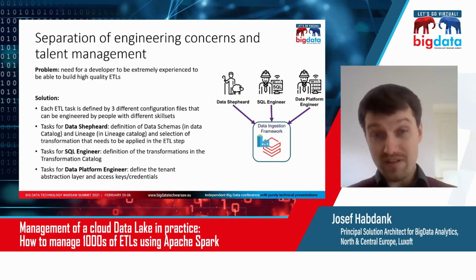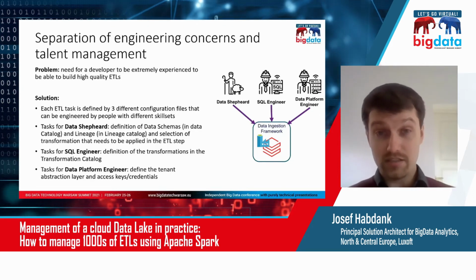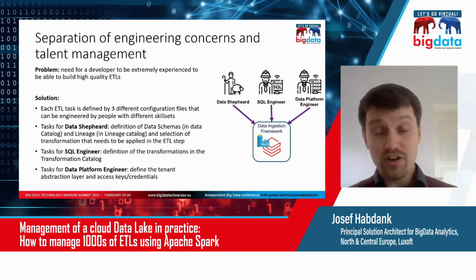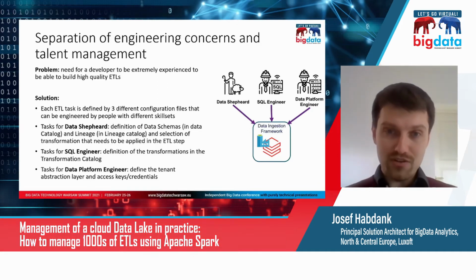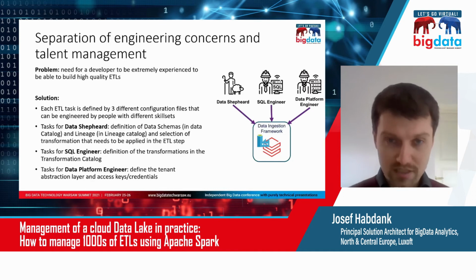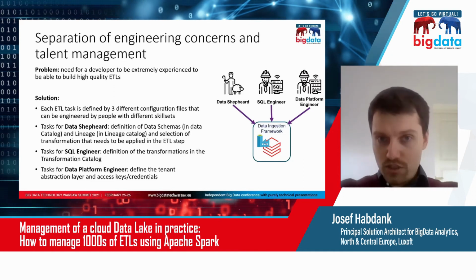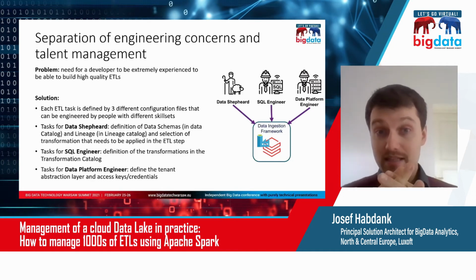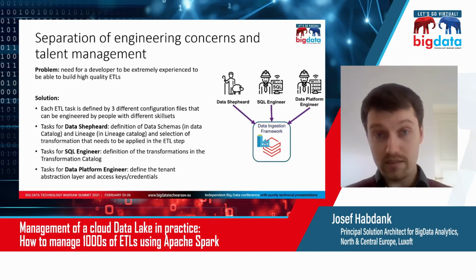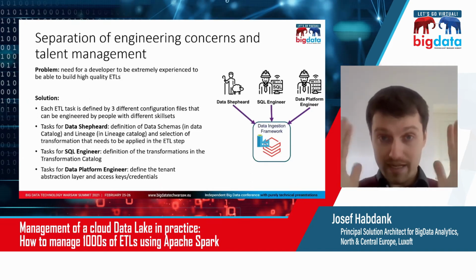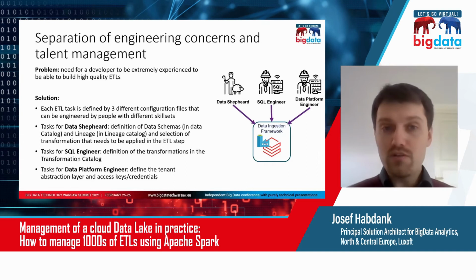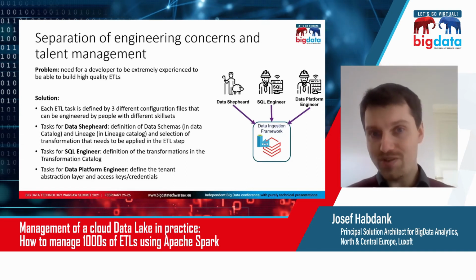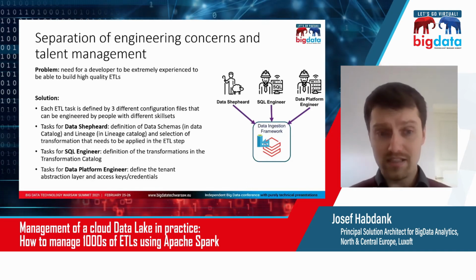The SQL engineer, how do I actually transform my step A to step B in the transformation? And the data engineer, how do I map the 20 resources I have in the abstract layer into 20 physical resources, right? And then these 3 things put together connect nicely, but people don't have to think about what is beyond their narrow scope of view, and that allows you to use more junior people to actually deploy a very advanced system.